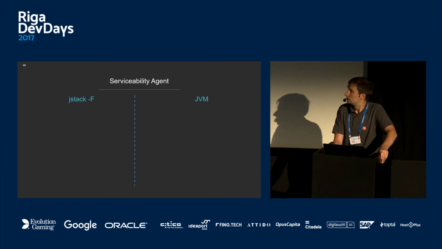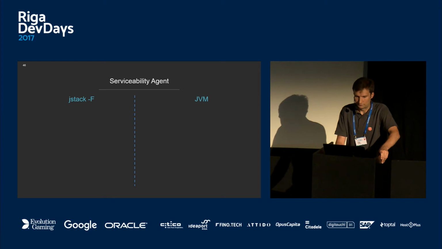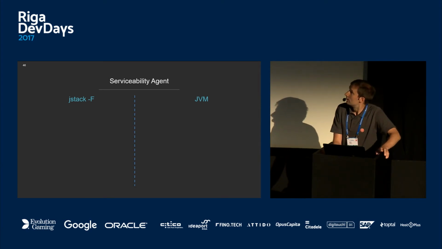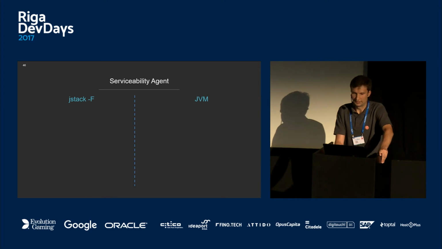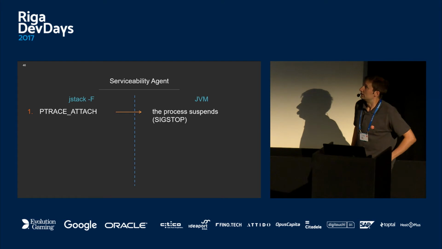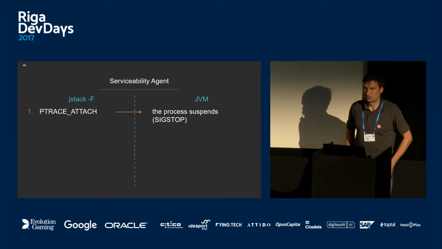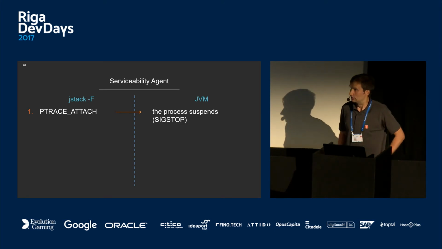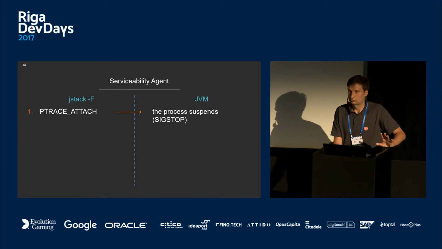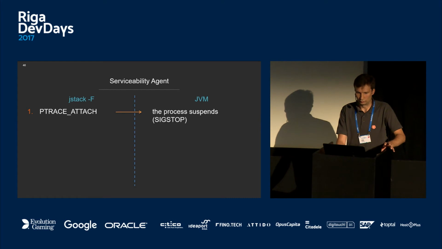And how does jstack -F work? It's a completely different mechanism that relies on the Serviceability Agent. First of all, it doesn't require any cooperation from JVM. It just sends a stop signal to completely suspend the JVM process.